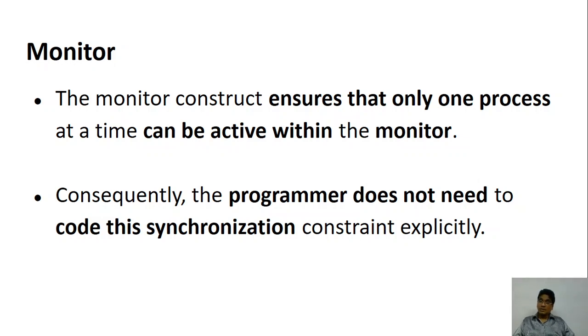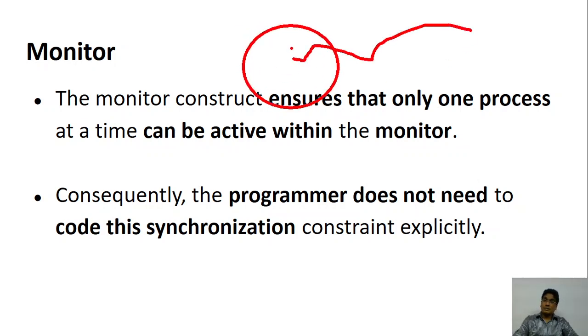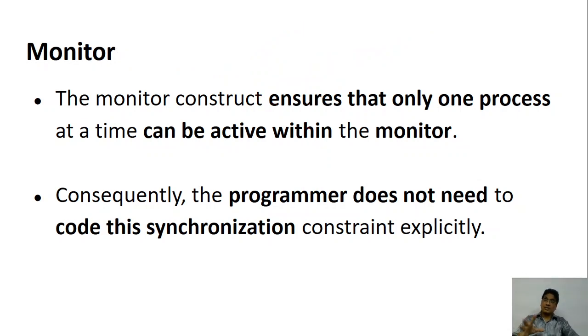If you declare a class and an object, then many processes can simultaneously, if you are not careful, make changes to the state of the object. Whereas in the monitor, if there are many processes, they will have to wait in a queue. Only one of them will be active, and this is done automatically by the programming language. We don't need to do anything.